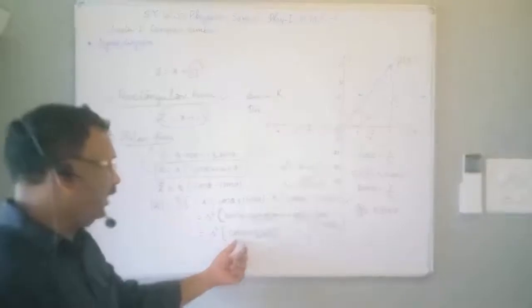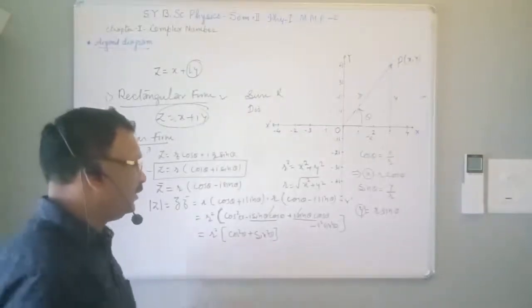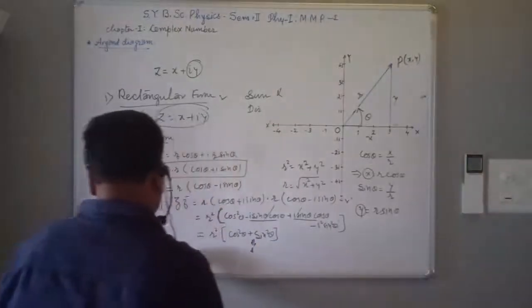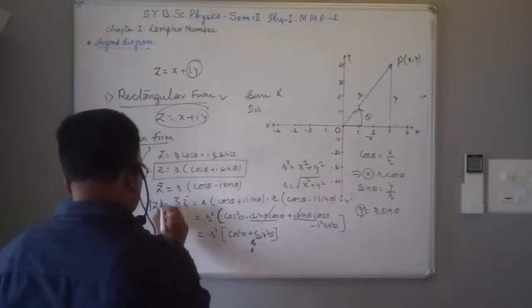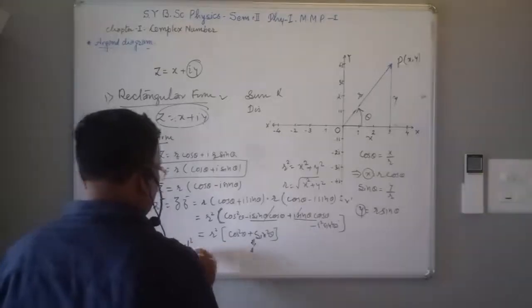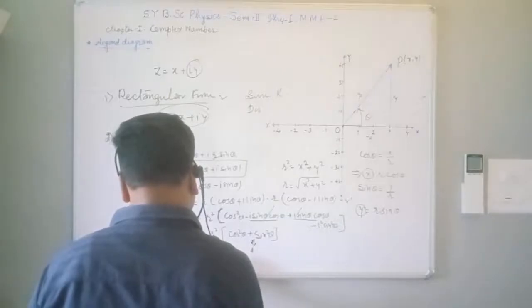In trigonometry we know that sin square theta plus cos square theta is equal to 1. Hence, modulus of z square is equal to r square, or mod of z is equal to r.